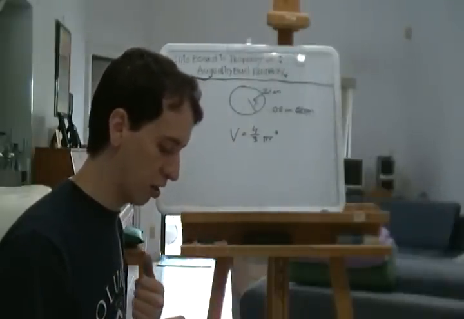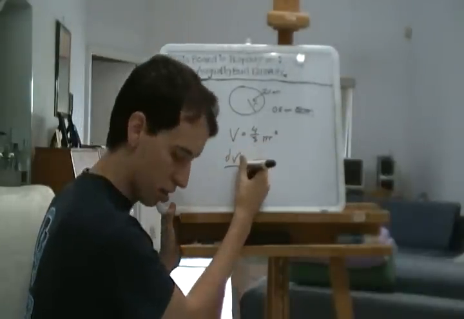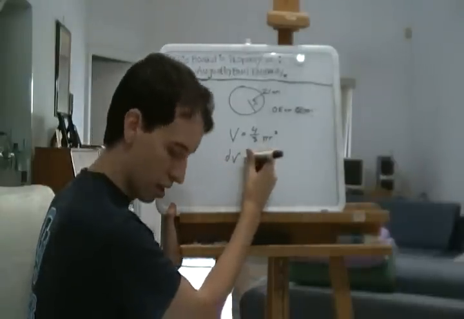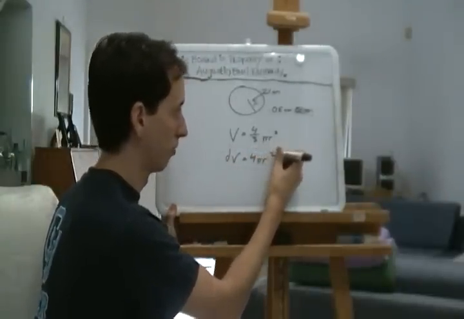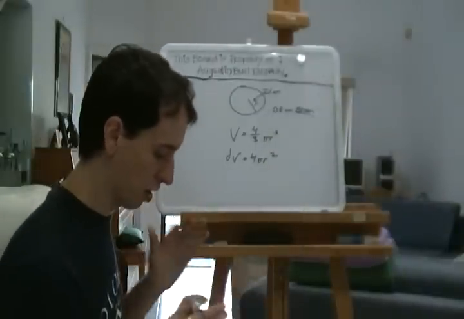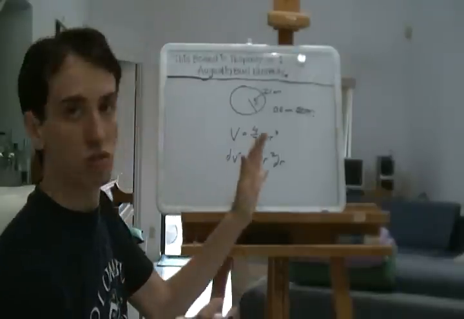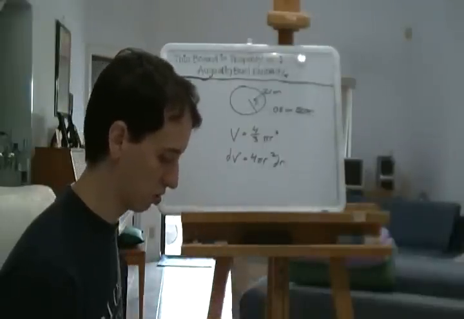So what we need to do here is differentiate. We get dV, not dV/dt, dV equals 4 pi r squared. All right, we're not using dt. Just using differentials here, not with respect to anything, just differentials.